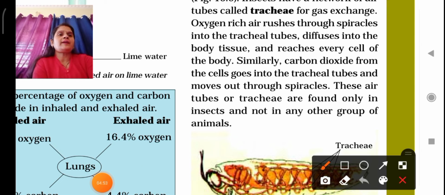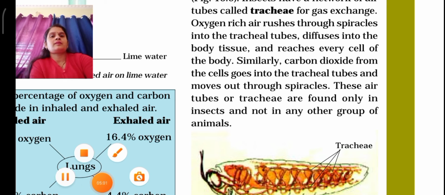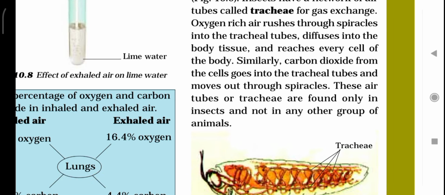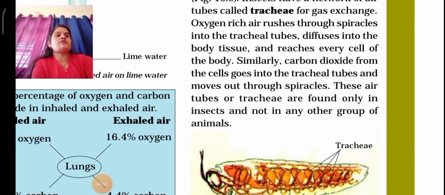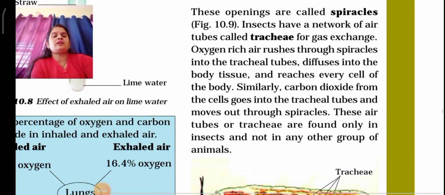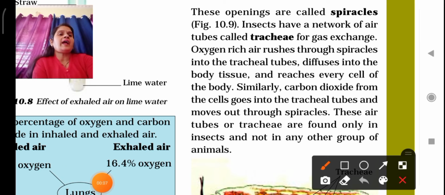Once more I can repeat. In the insect we have spiracles, which are tiny openings, and a network, meaning many interconnected tubes. They are the air tubes, called tracheae, for gas exchange, meaning taking in oxygen and releasing carbon dioxide.